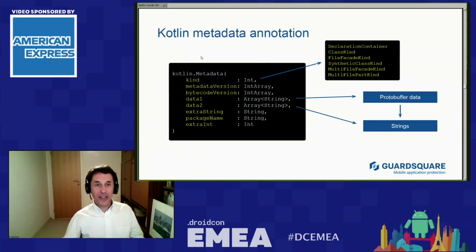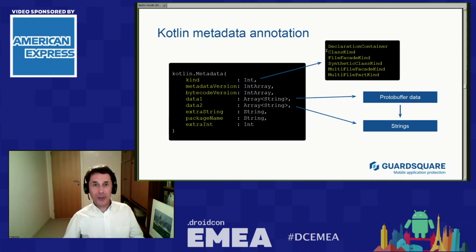Looking at the structure of this annotation, it's just a small annotation with just a couple of fields. The actual names are shorter than what I'm showing here, but this is the essential structure. There is actually the whole world behind this. It's far more complex than this simple annotation suggests.